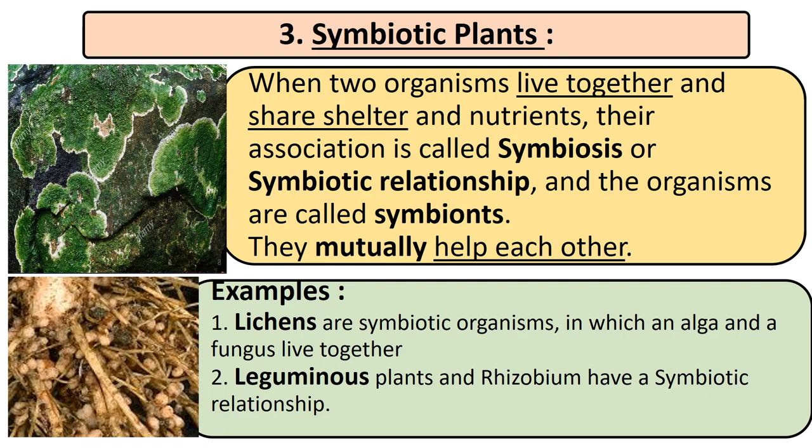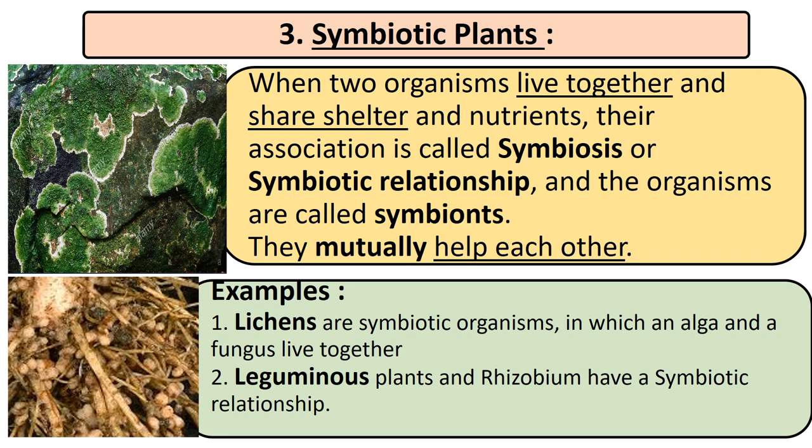The third type of heterotrophic mode is symbiotic plants. When two organisms live together and share shelter and nutrients, their association is called symbiosis or symbiotic relationship, and the organisms are called symbionts.